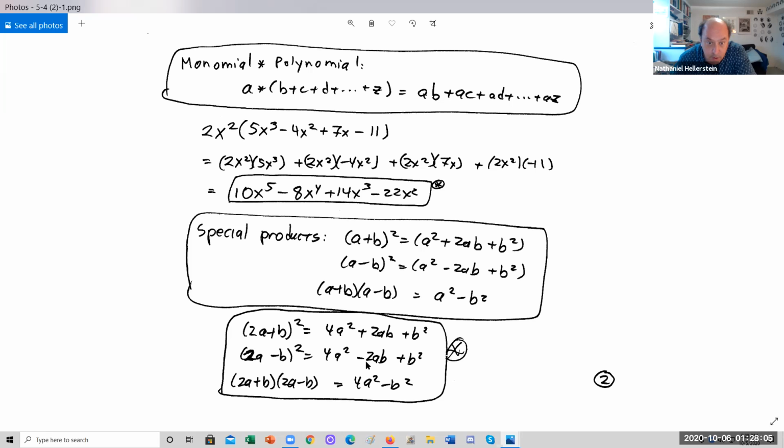Most unfortunate. All right, then a sum times a difference would be a difference of squares. The square of 2a is 4a squared minus b squared.